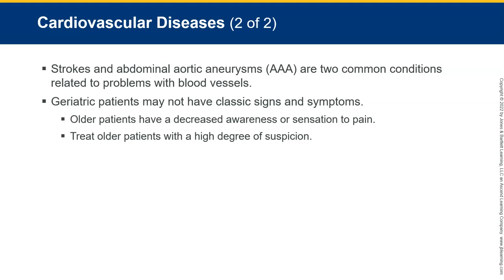Older patients a lot of times have a decreased awareness or sensation of pain from a medical or even a trauma condition. And older patients are more likely to have a silent heart attack where they don't even experience acute pain. Some patients who experience a stroke will not even be aware of signs and symptoms that are present. So when we're treating these patients, we want to look at them with a high degree of suspicion.